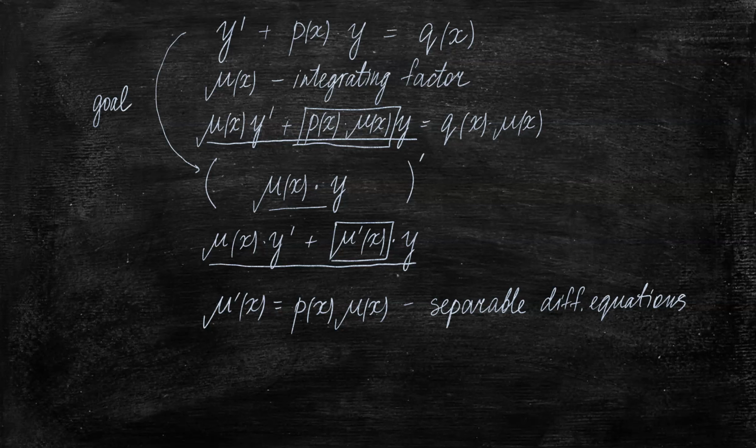So to solve this differential equation, we're going to separate the mu and the p. So on the left side, we're going to have d mu, and we're going to divide everything by mu.